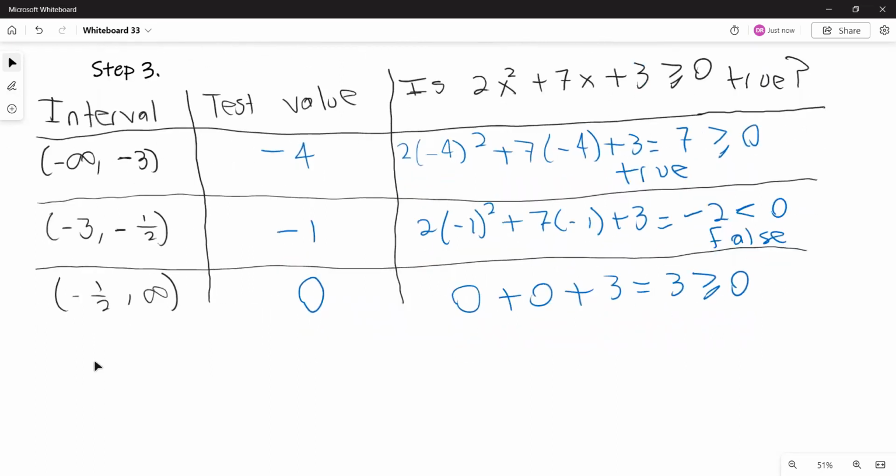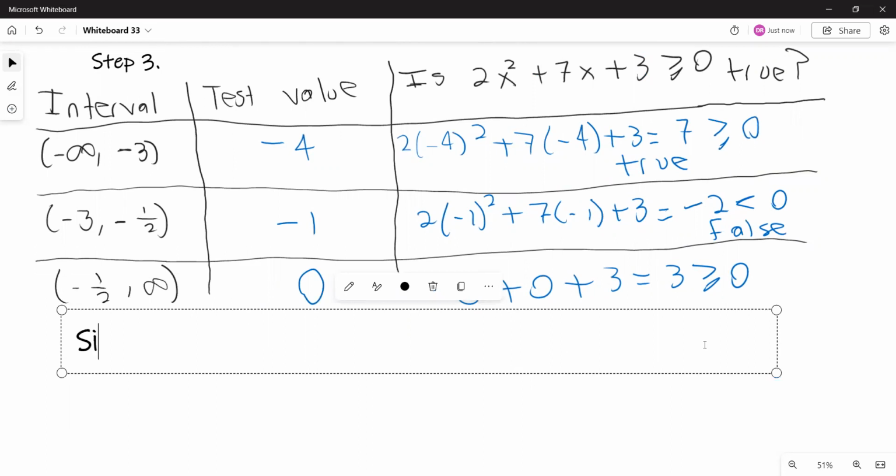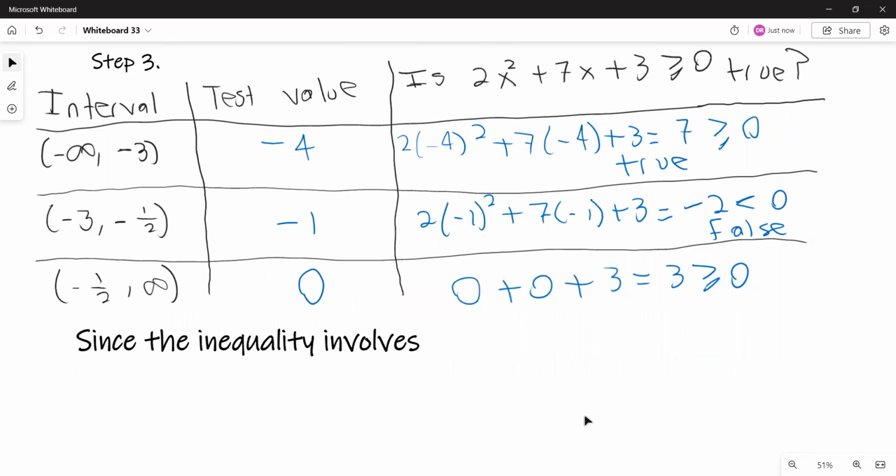Since the inequality involves the symbol greater than or equal to, -3 and -1/2 are also solutions.